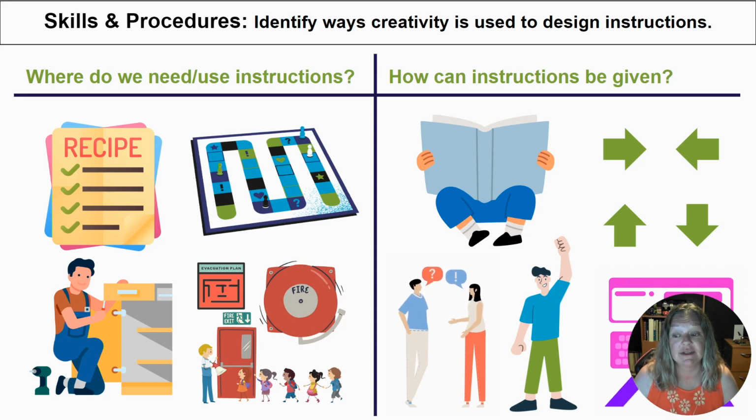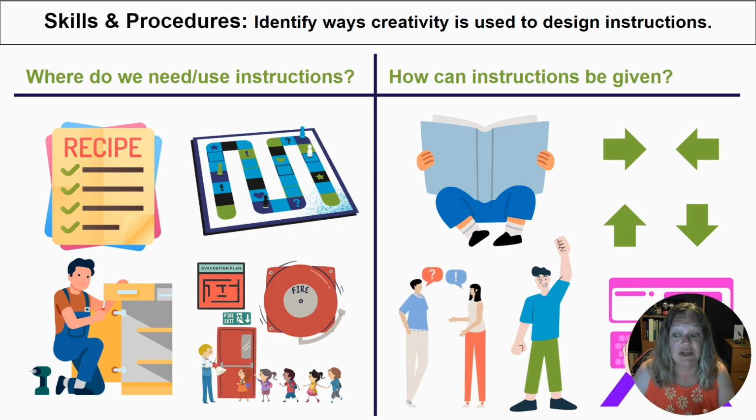And we could have a conversation about, are there different ways that you can get instructions? Well, some of them are written, and we might see symbols like arrows, and we could use hand signals, and someone could give us instructions out loud, and then also maybe we type instructions into a computer.